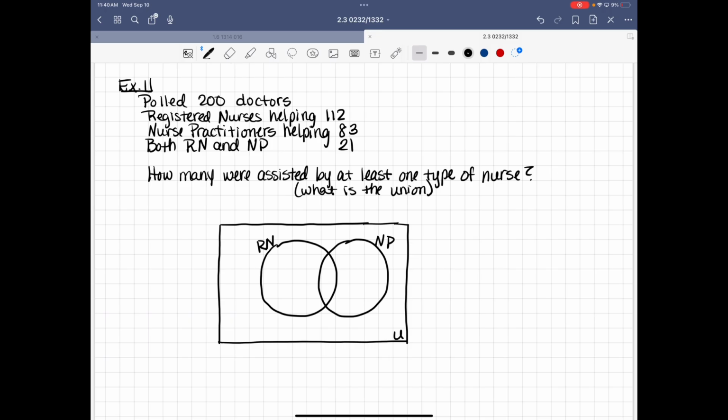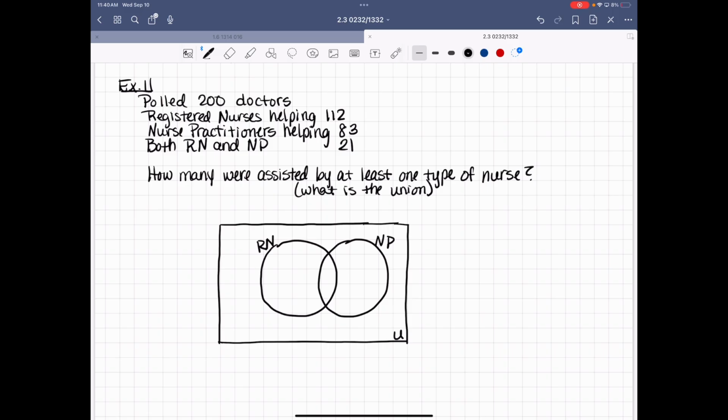You have to have a BSN, Bachelor's of Science in Nursing, and then you get a master's degree in nursing, and that makes you a nurse practitioner. But if you're labeled nurse practitioner, that's what you count yourself as. You don't count yourself as a registered nurse anymore. Okay, that's the setup on this problem.